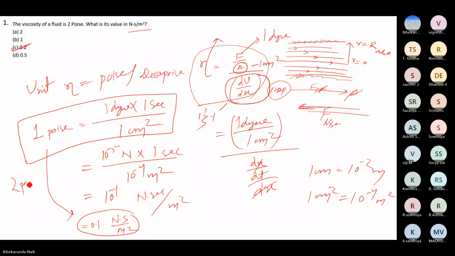Then 2 poise will be 0.2 Newton into second per meter square. And the dimensional formula for this coefficient of viscosity is M1 L minus 1 T minus 1.